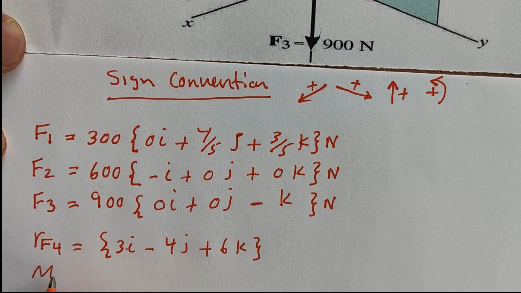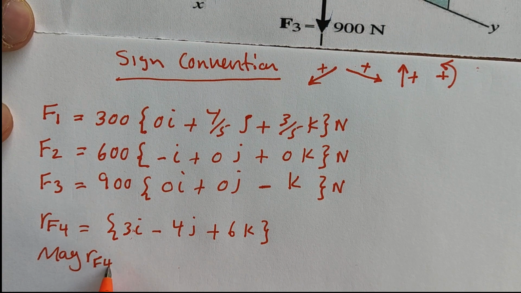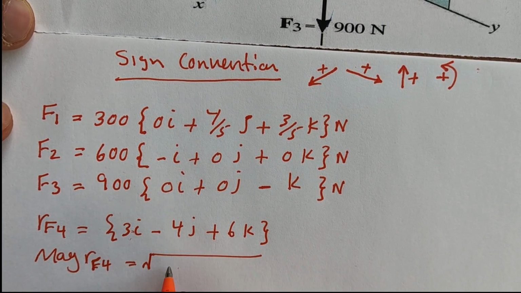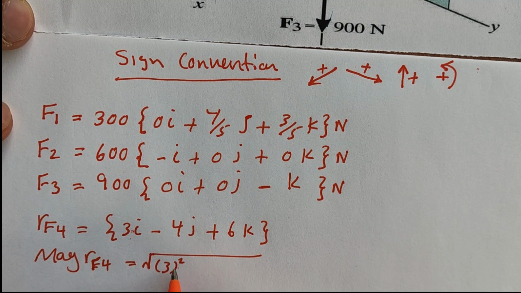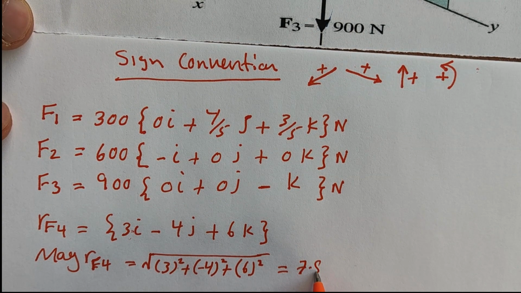The magnitude is the square root of 3 squared plus negative 4 squared plus 6 squared, which equals 7.8.